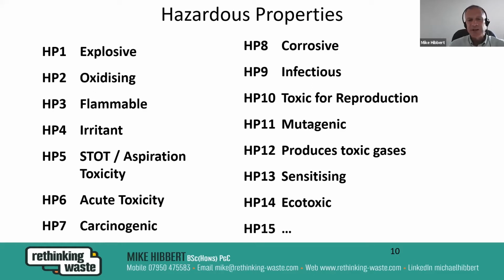And what's missing from here is that we also need to consider whether the waste material contains persistent organic pollutants. So that's a sort of 16th element that we need to consider. STOT is specific target organ toxicity. So the most obvious example of a waste stream that would fall into that category is something like asbestos that has impact specifically on the lungs.